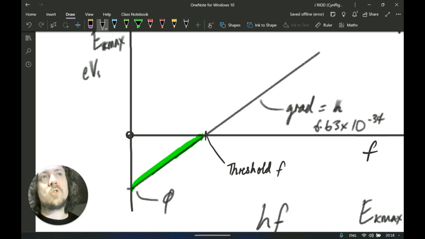You will not observe the photoelectric effect, which again is the reason why red light of any intensity is not capable of causing the liberation of electrons.